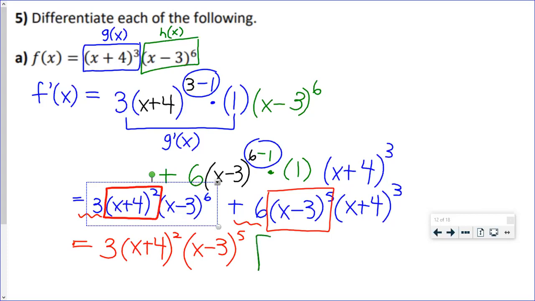This is the same concept we did in grade 9, but just much more complicated. So if I'm considering the left-hand side, all I'm left with is x minus 3. And if I divide the right-hand side of the addition by my greatest common factor, I'm left with 3 times 2 is 6, and I need an extra x plus 4.